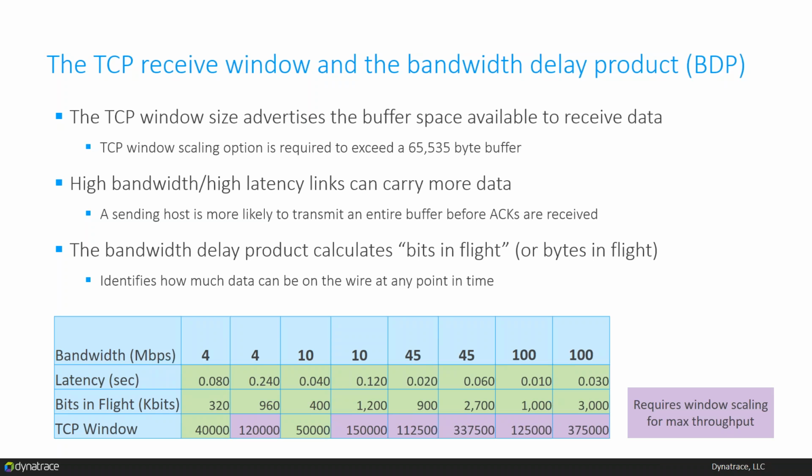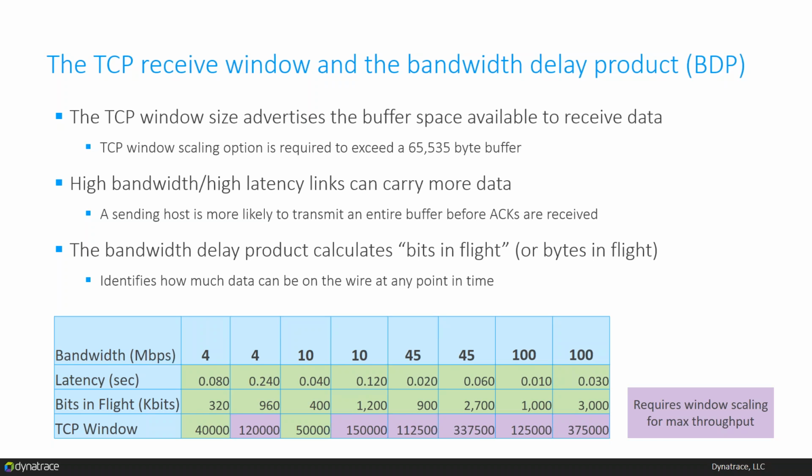And here's a little table that identifies some bandwidth values across the top, some latency values, and it calculates on the bottom row the TCP receive window size that would be required for that TCP connection to saturate or use the entire available bandwidth.